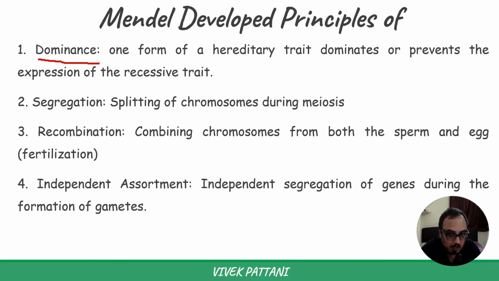Let's say the tall one is the dominant one. When these two different ones are crossed together, they give rise to a hybrid. As we know, the tall one is dominant, so only the dominant one will be expressed in the phenotype.